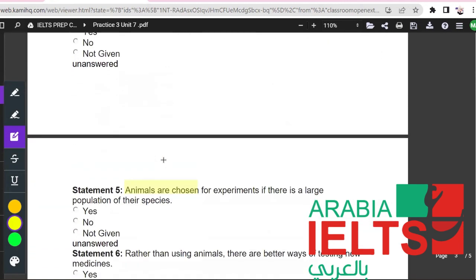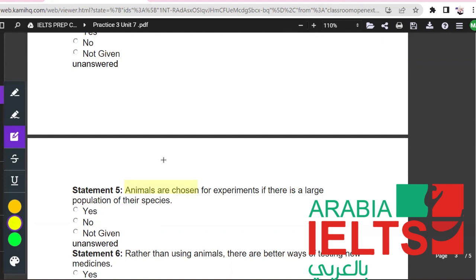Not given. Yes, correct. The answer is not given. The reason is that there's no opinion in the writer's point of view about how animals are chosen. So this opinion about how they choose the animals is not about agreeing or not. It's not even in the perspective of the writer.